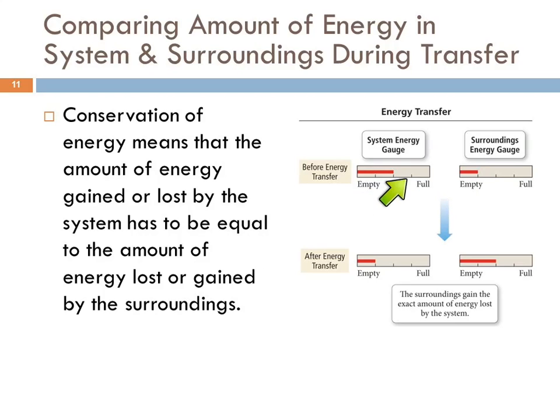And there is some sort of energy transfer. When the energy transfer occurs, all the energy that's lost from the system was transferred to the surroundings. Now, we're not saying anything about what form of energy that is, but just that in the energy transfer, there's nothing that's lost. So whatever's lost by the system is gained by the surroundings and vice versa.